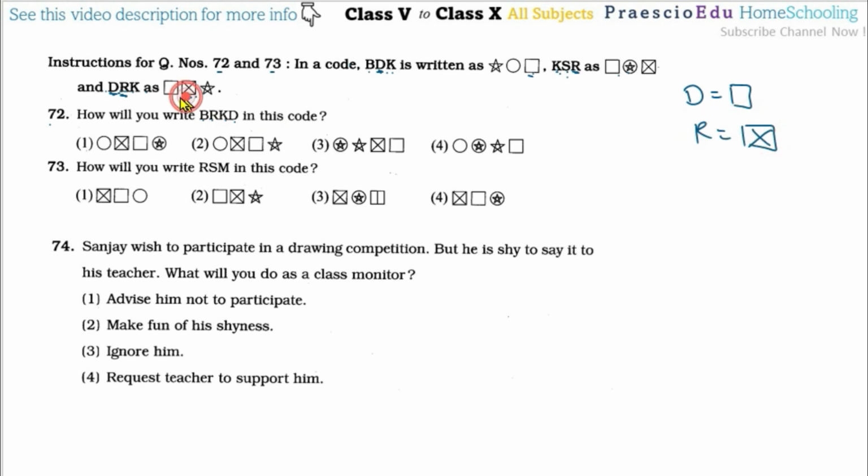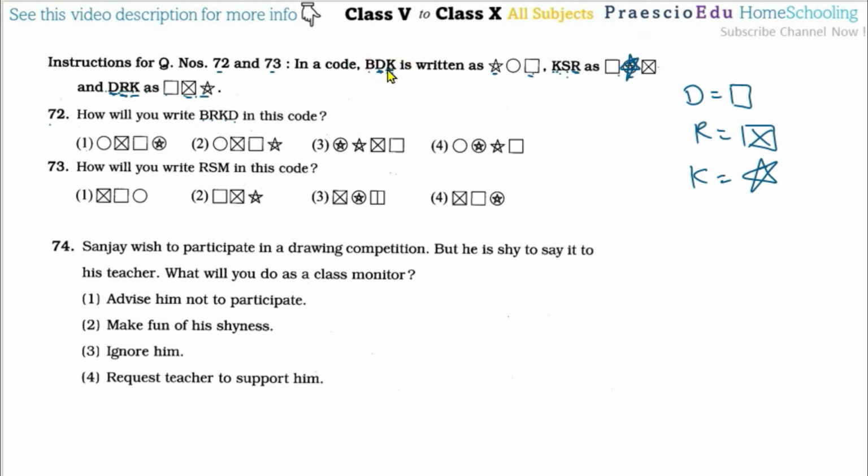Since these two symbols are already D and R, K is this star, so K is star. The K is a star here also, and this star here also. Okay, this is a printing mistake, this should be the star.